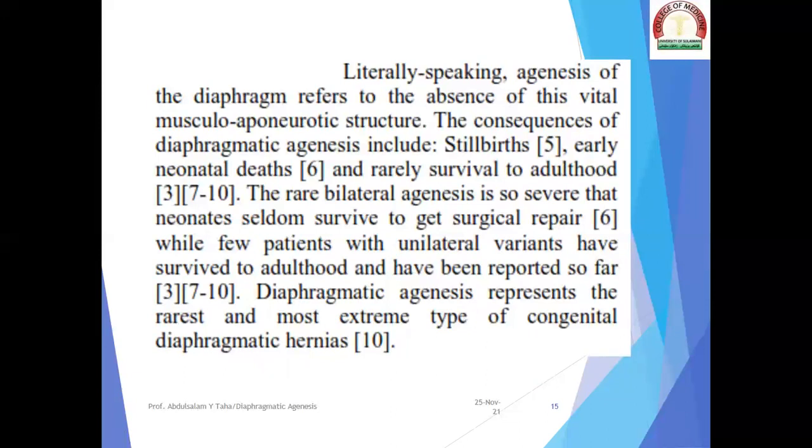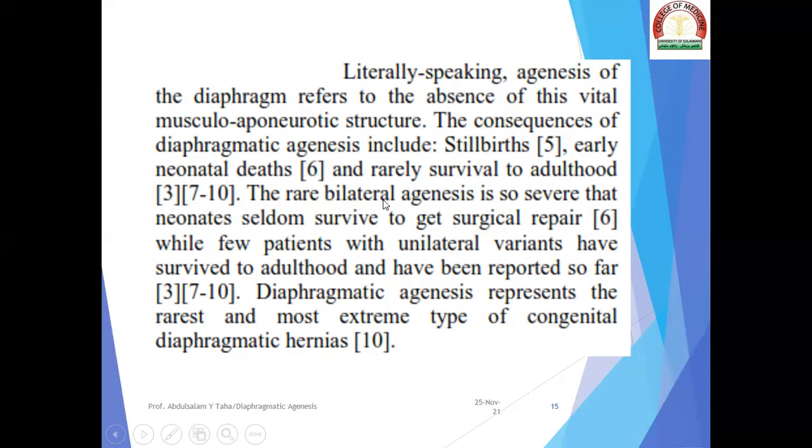Literally speaking, agenesis of the diaphragm refers to the absence of this vital musculo-aponeurotic structure. The consequences of diaphragmatic agenesis include stillbirths, early neonatal deaths, and rarely survival to adulthood.